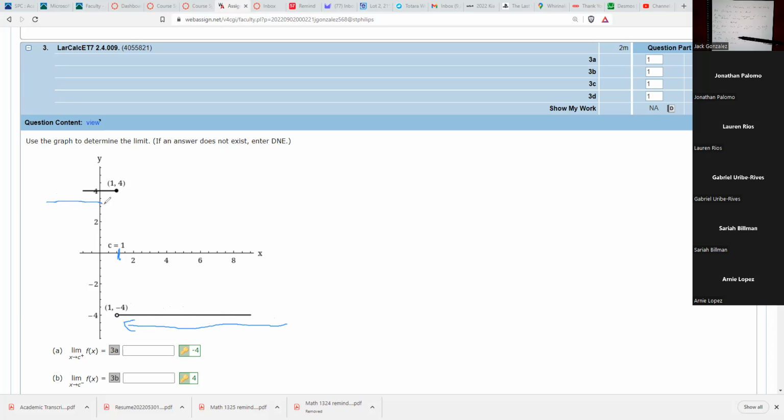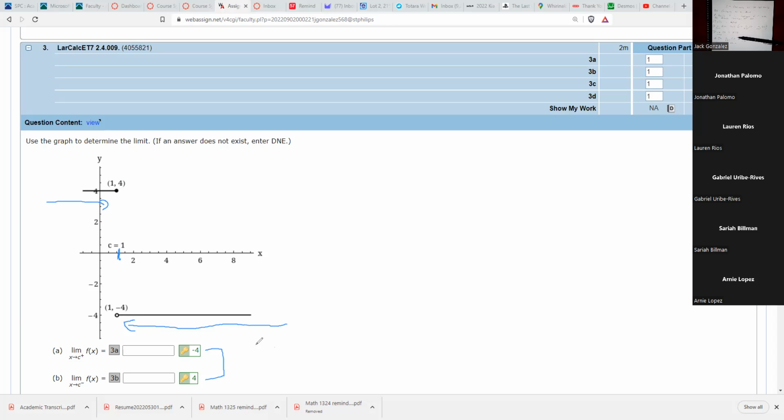And then when I come from the left, it's a constant 4. Notice how these are not the same, right? Since they're not the same, what does that mean? Yeah, there's no limit. It doesn't exist.